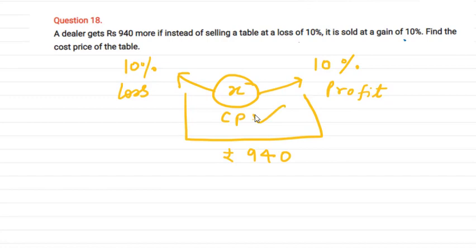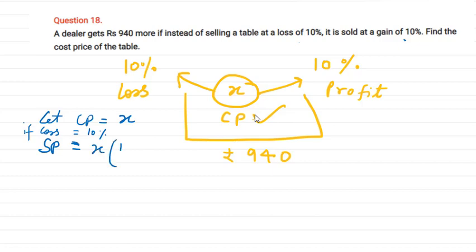So now to solve this question, again what we will do, first we will take let the cost price be equals to X. And now you know the formula for selling price. If it is sold at a loss, if loss is 10%, then the selling price will be how much?